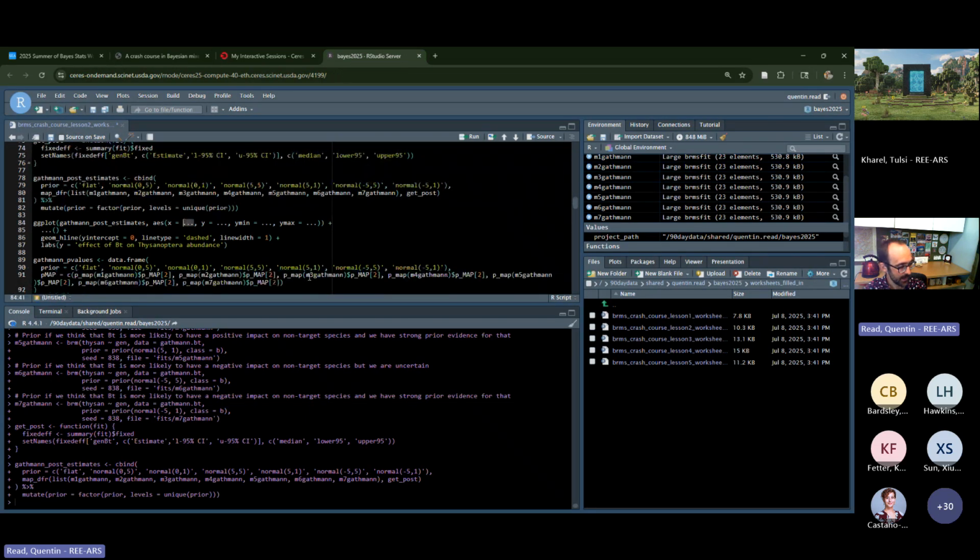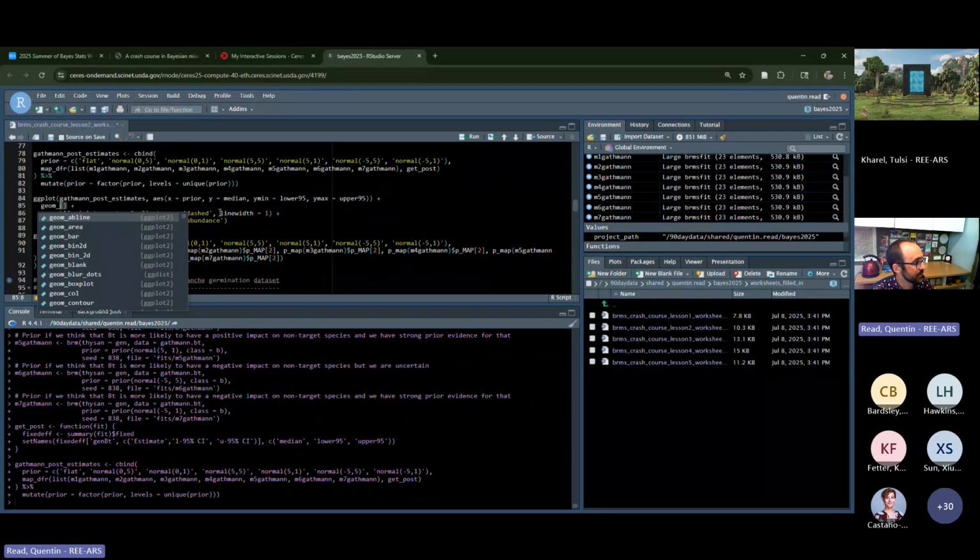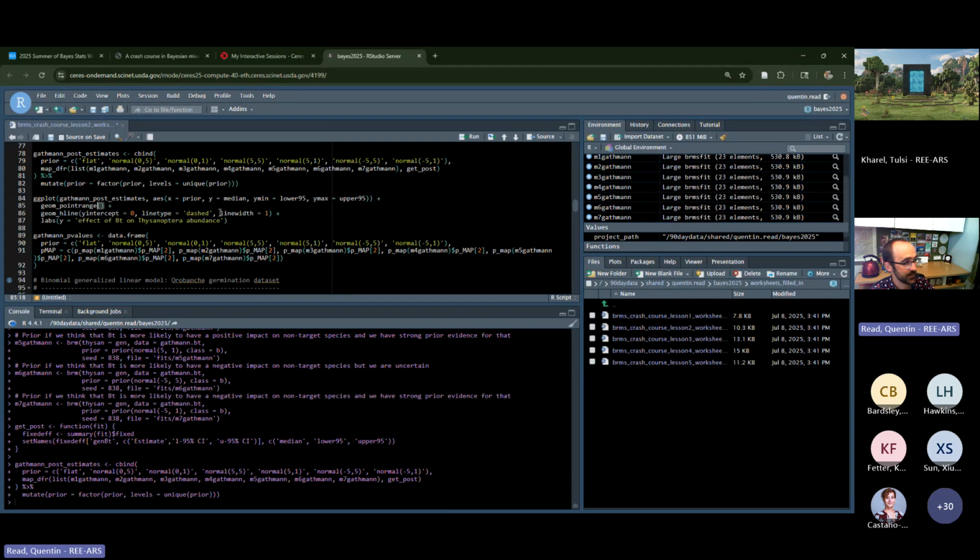So X is the prior, which prior we assumed. Y is median. Y min, lower 95. And Y max, upper 95. And then I believe we're going to do a geom_pointrange, which will give us a point with an error bar on it. Let's see what we get.